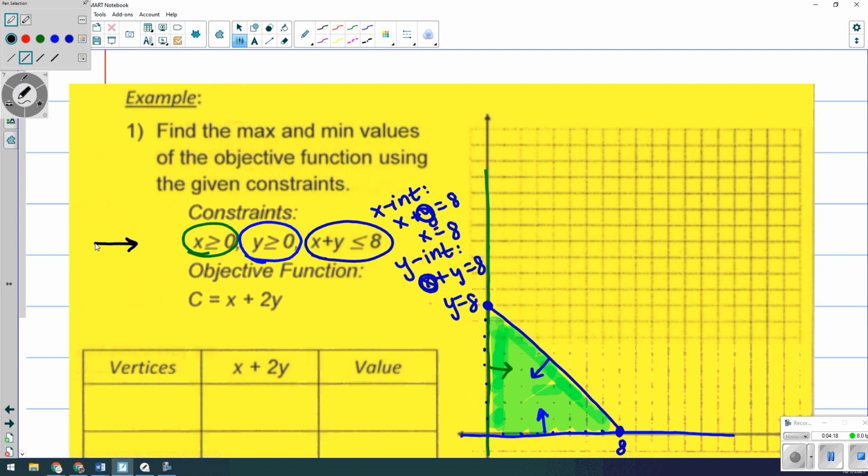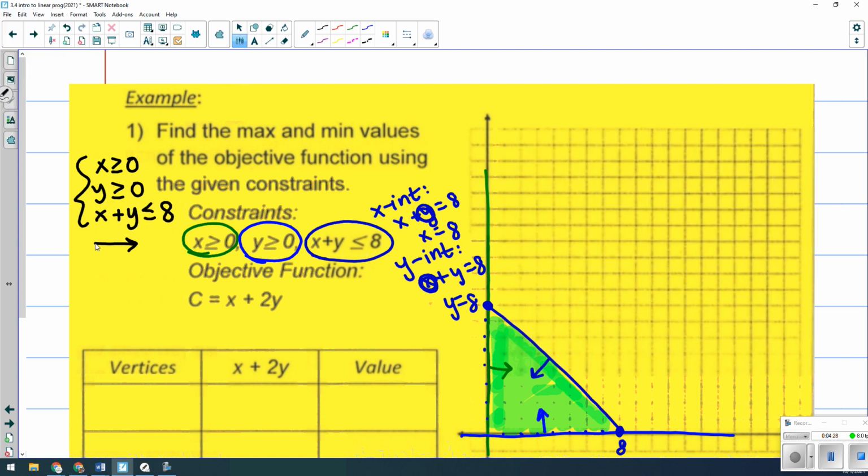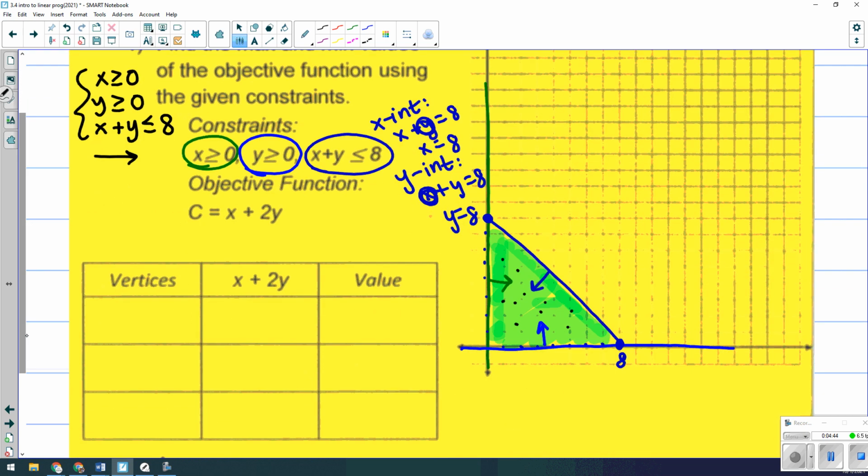Again, my system would be x is greater than or equal to 0, y is greater than or equal to 0, x plus y is less than or equal to 8. So any point in here would satisfy all three of those inequalities. But I am looking for a maximum or minimum.